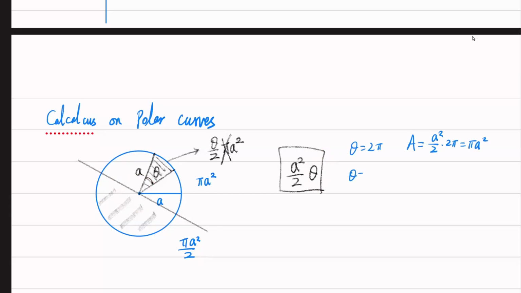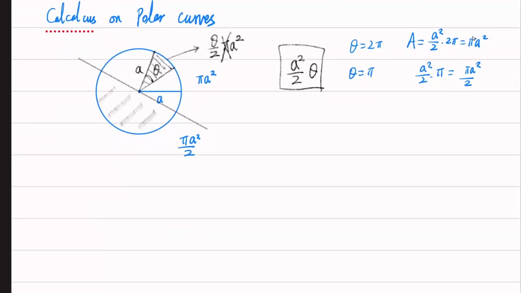If theta is pi, a half circle, the area will be a squared over 2 times pi. So this will be the formula we use for a sector of angle theta. And we use this to find the area for polar curves. Let's start with a polar curve and see how we can formulate a formula for it.